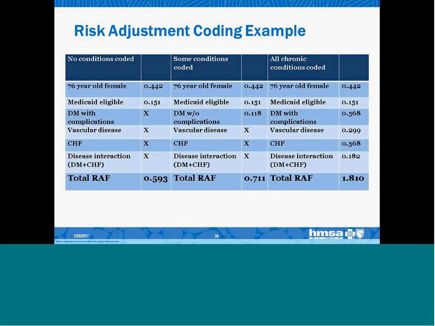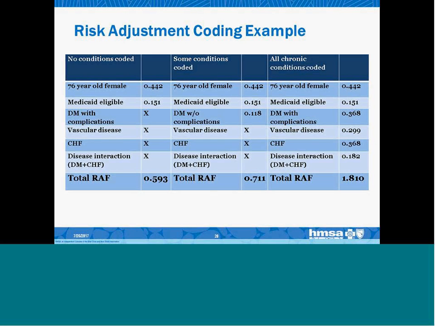So looking at a coding example for risk adjustment, we have a 76-year-old female. Just based on her age and being female, she gets a risk score of 0.442, and being Medicaid eligible, she gets an additional 0.151.